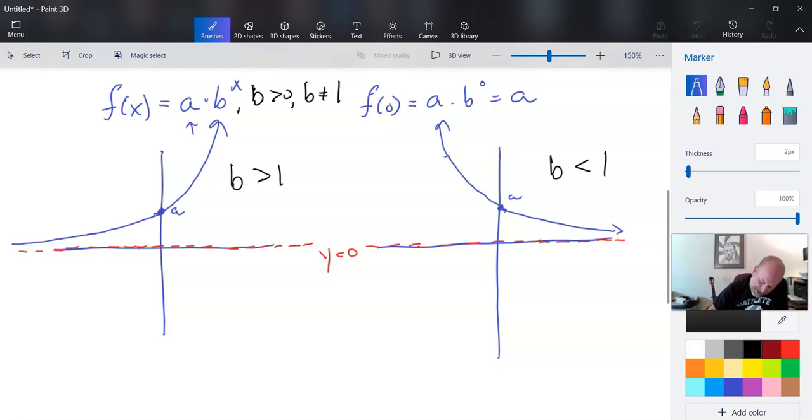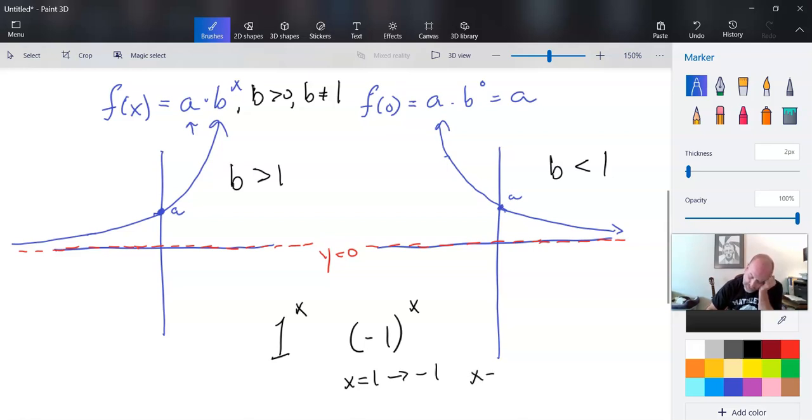I mean, if you think about it, 1 to the x is a pretty boring function. It's just equal to 1 all the time, so it's just a horizontal line. So that's part of the reason we throw that out. Now, with the negatives, why we can't have negatives, if I just look at this, if x equals 1, I get negative 1.